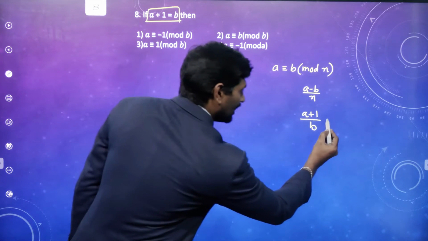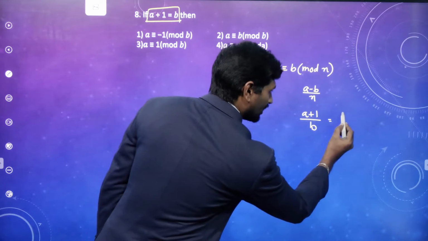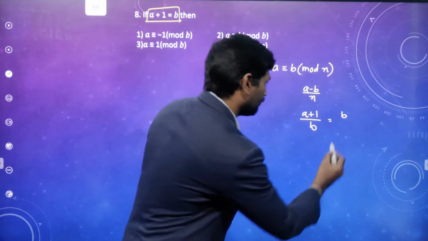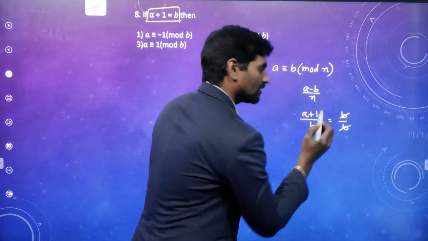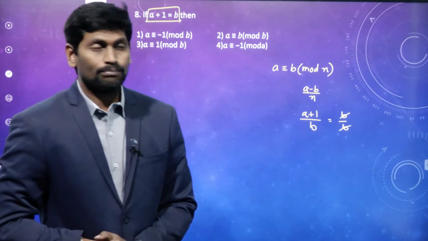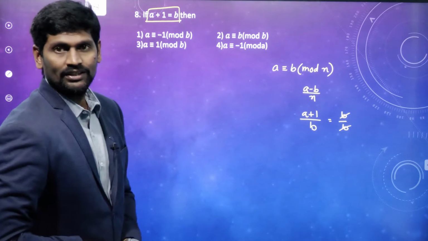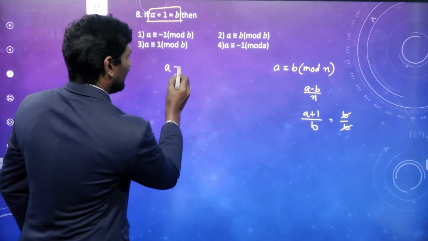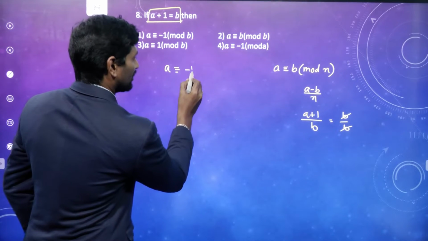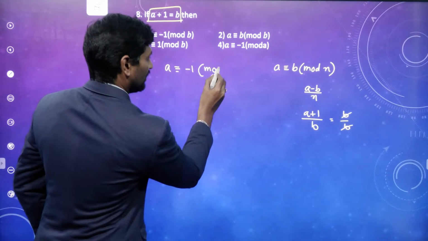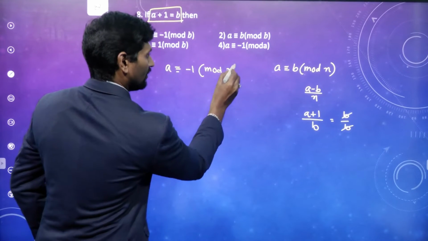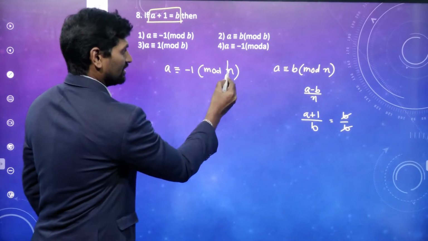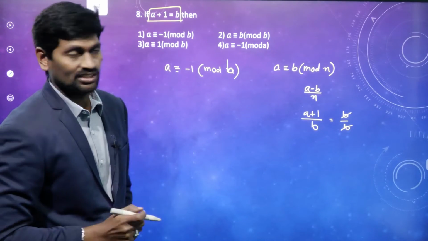Obviously, because a plus 1 value is already b. That means in the place of a plus 1, we can write b. Am I right? a plus 1 is divisible by b. That means we can write a is congruent to minus 1 modulo b, where a, minus 1 and b, these three can be integers.